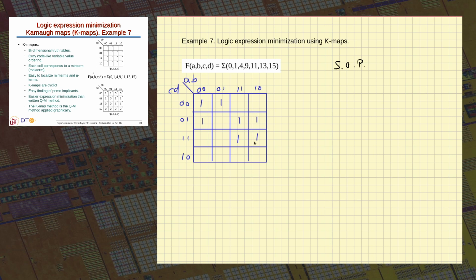I will not mark implicants if they are not prime implicants. So I just see in my mind that this is an implicant, and I find adjacent ones. This is an adjacent implicant of the same order. So they form an order 2 implicant. I don't have the corresponding adjacent one, so I know I cannot simplify anymore, as we have already seen.